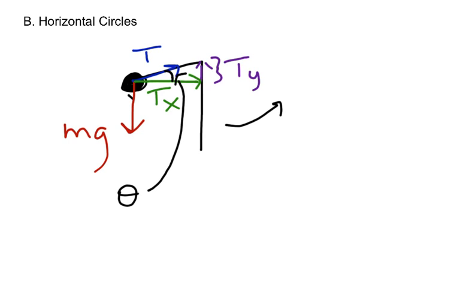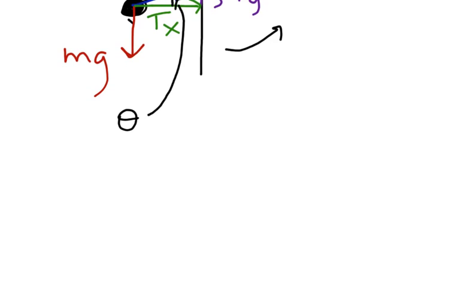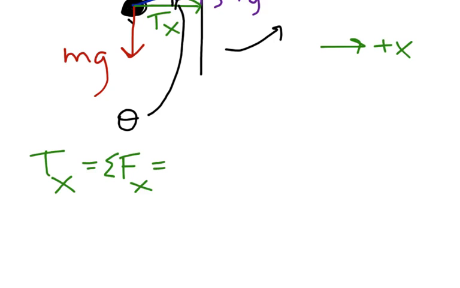Now, in this diagram, which one of these forces is the centripetal force? Remember, the centripetal force is the force that acts inward from the circular path. And there's only one force in this case, and that is Tx. Let's make right positive. Your Tx is the sum of your forces in your x direction. In this case, that's also your centripetal force.